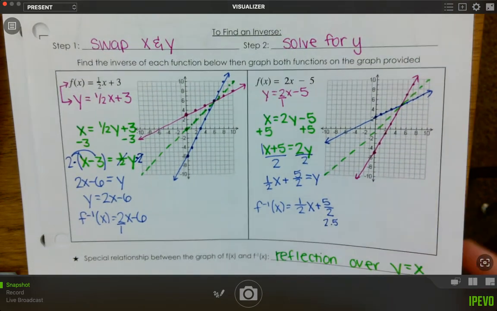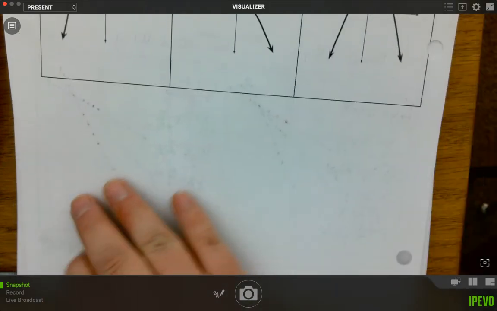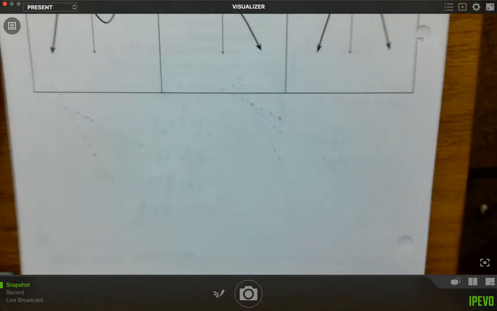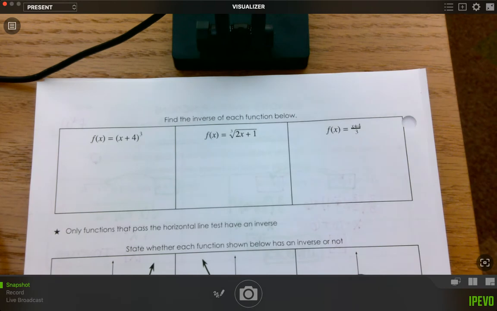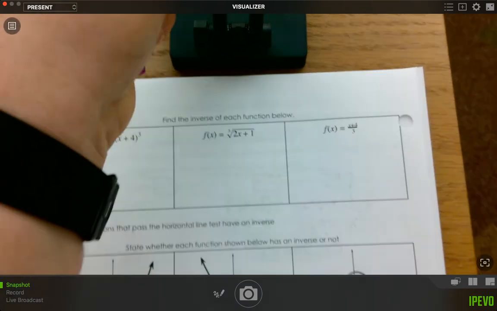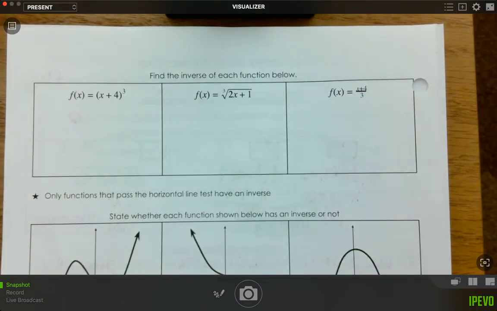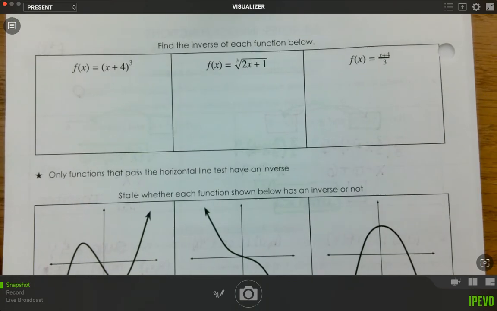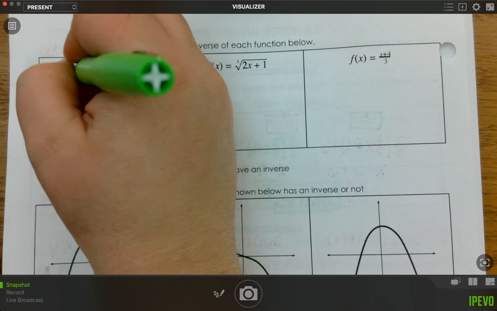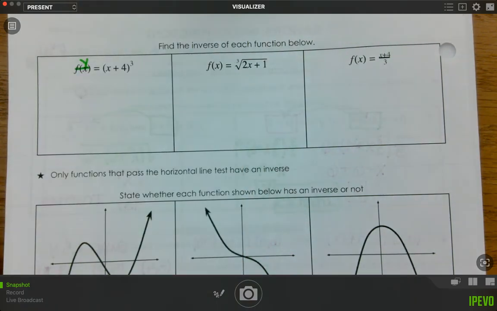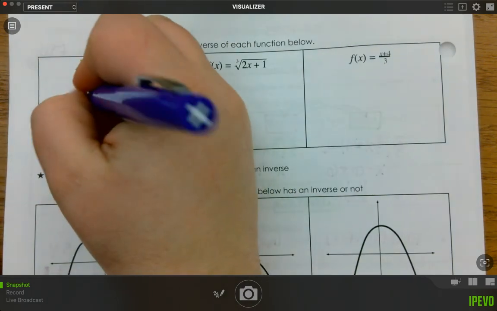All right, now let's talk about a couple of things on the backside really quick. We're going to find the inverse again, except we're not going to graph these because some of these get a little complicated. So the first thing I'm going to do, this is the same thing as y. I need to swap x and y.